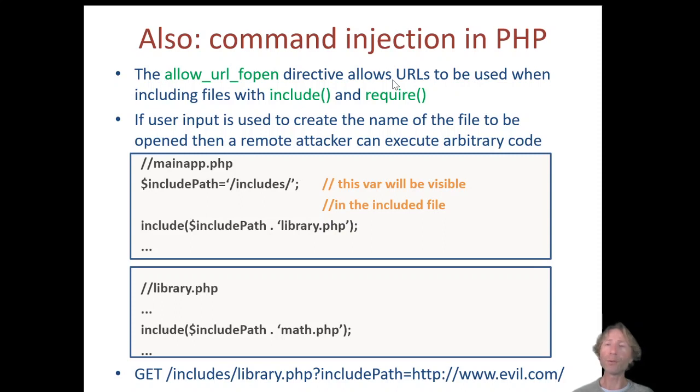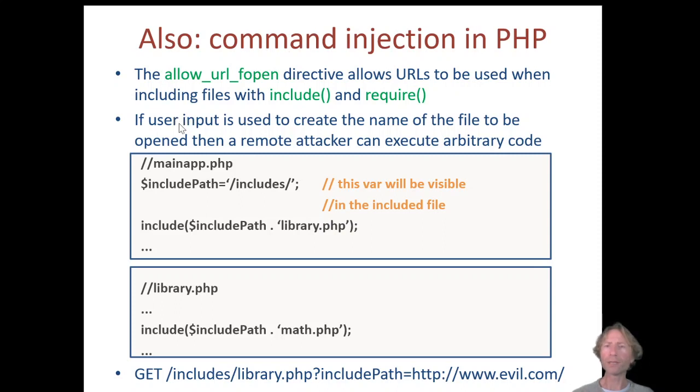In that case, if you have the allow URL open directive set to true, you will allow URLs to be used when you're including a file with the statements include and require. Now, that is all fine in principle, as long as this is not susceptible to user input, because if users may provide this data, they can actually determine where the file comes from.